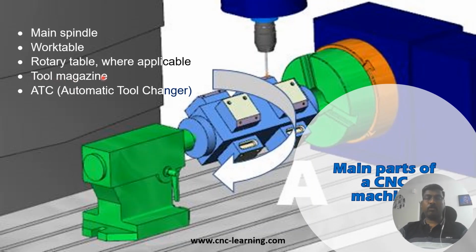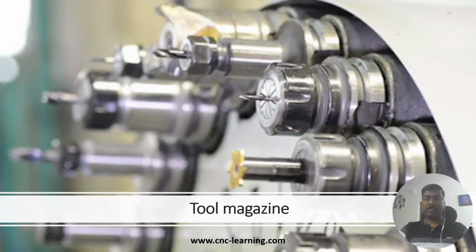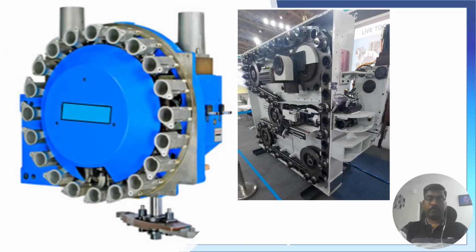And there will be a tool magazine where all the tools will be loaded, and there will be an ATC, automatic tool changer, for loading the tool to and from the tool magazine. A tool magazine will look like this: several holders loaded with tools. So here also you can see one tool magazine and an ATC.